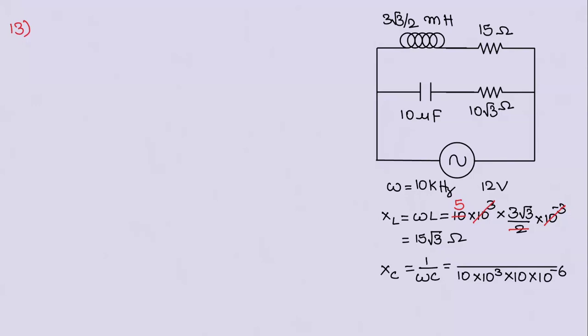Then these two get cancelled and numerator 10 power 6 will come, or 1000. 1000 means these two get cancelled. 10 ohm. Okay, XC is equal to 10 ohm.